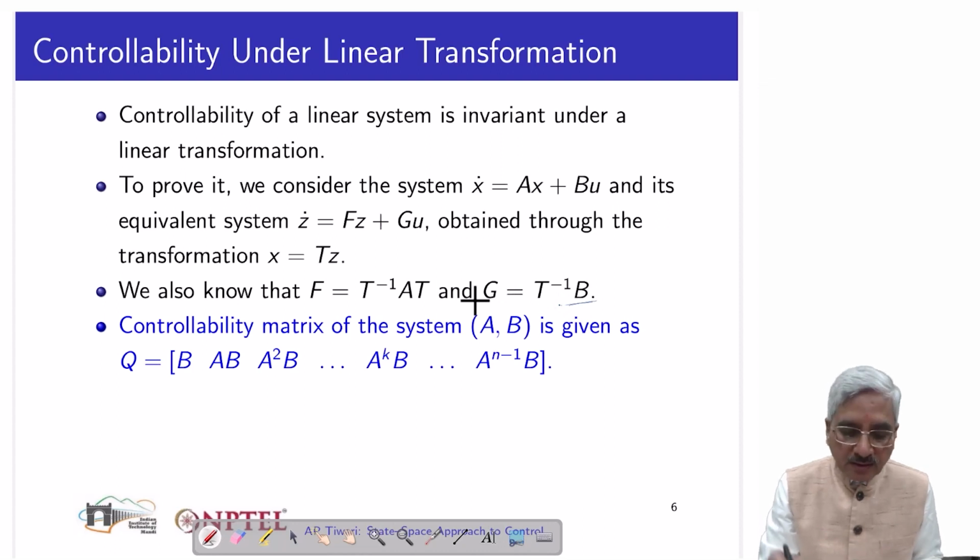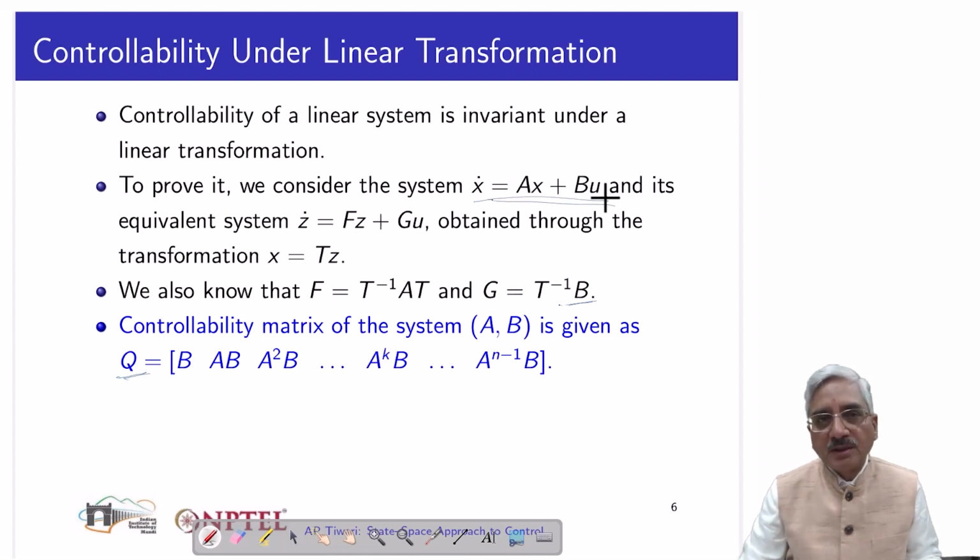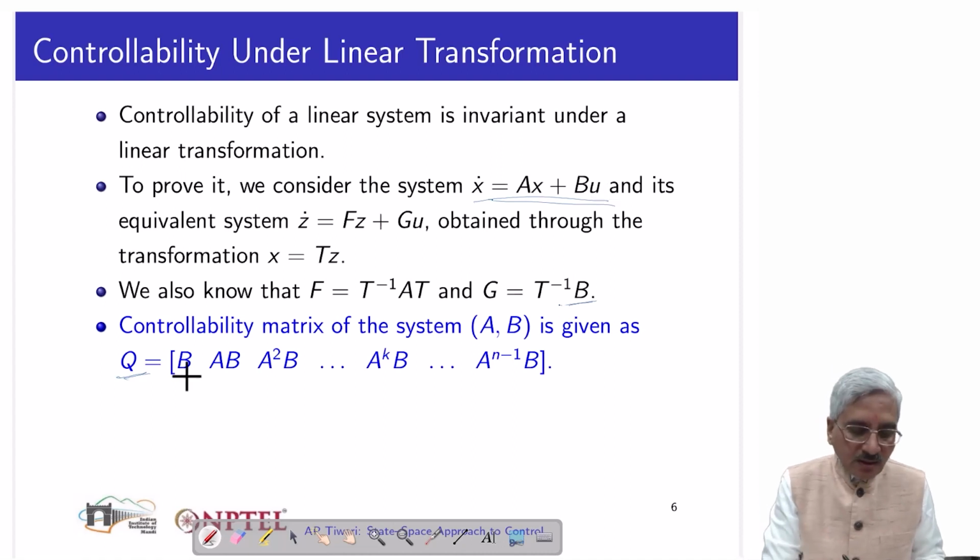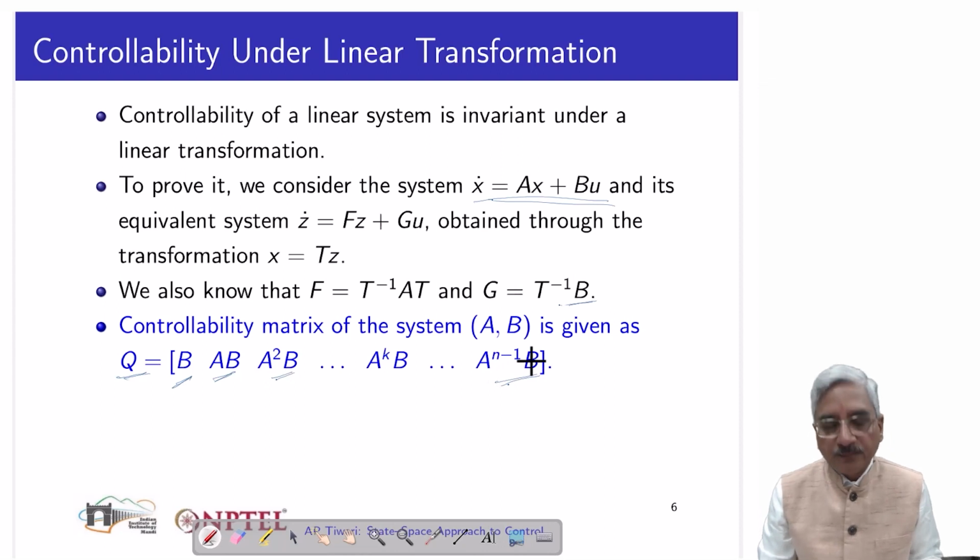If we consider the controllability matrix of the system x dot equal to Ax plus Bu, it will be given by B, then AB, then A square B, etc. up to A to the n minus 1 B, and in that some term in the middle is A^k B.